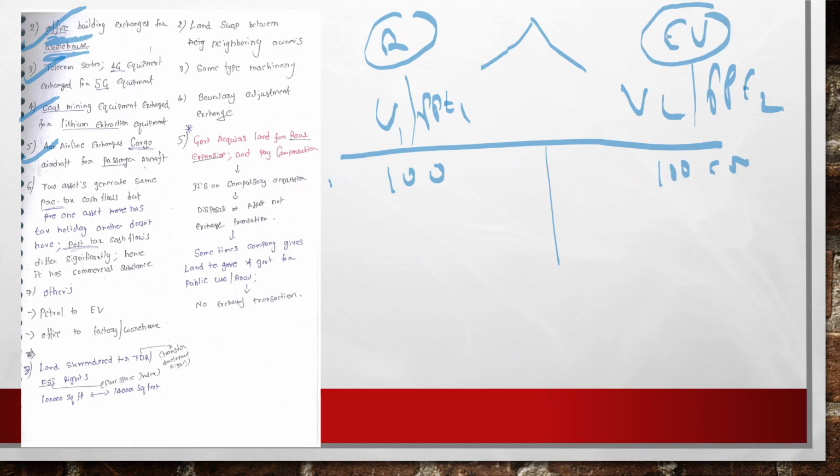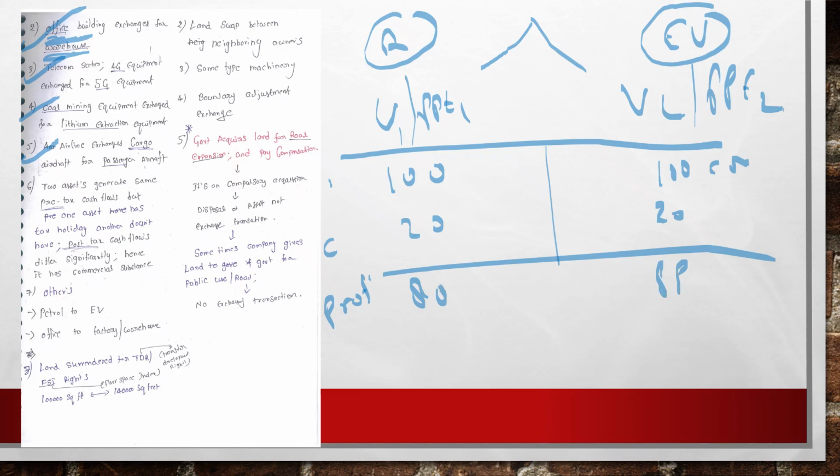So your cost would be 20 crores, 20 crores. So your pre-tax profits are 80, 80. Till now same, but tax is 30%, 15%, because you are using EV here. So the government has given a tax benefit for these cases, for EV cases.